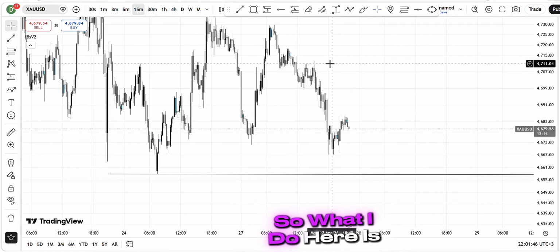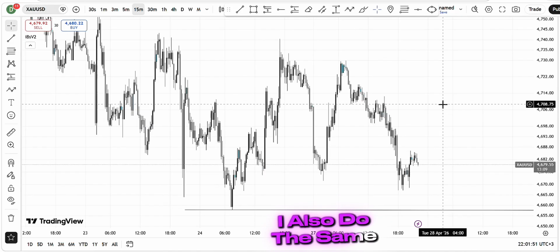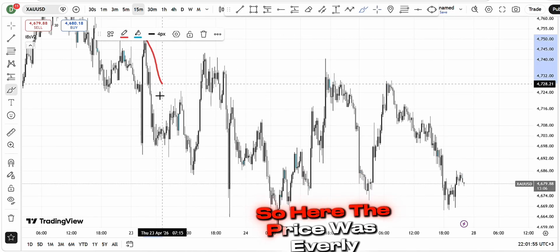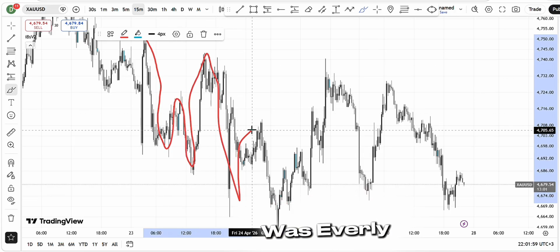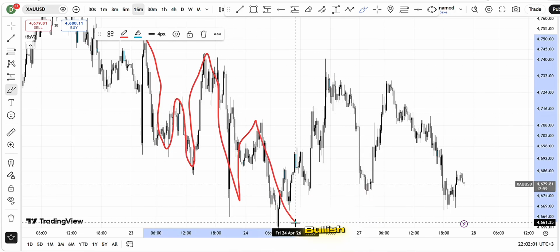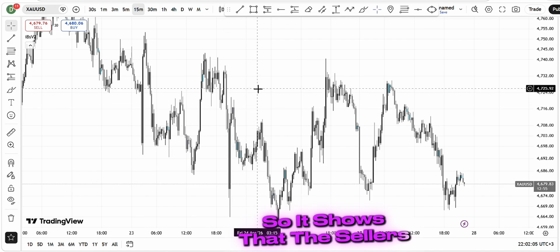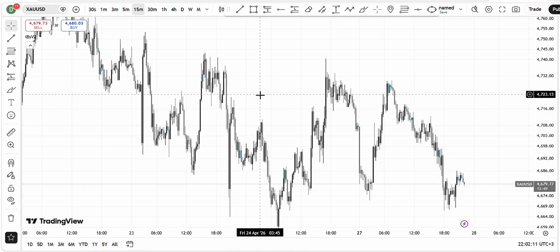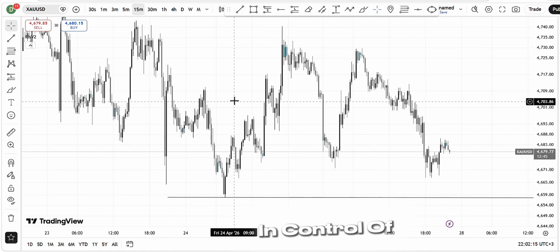Here I also do the same, marking up my swing range. Here the price was heavily bullish. So it shows that the sellers are in control of the market.